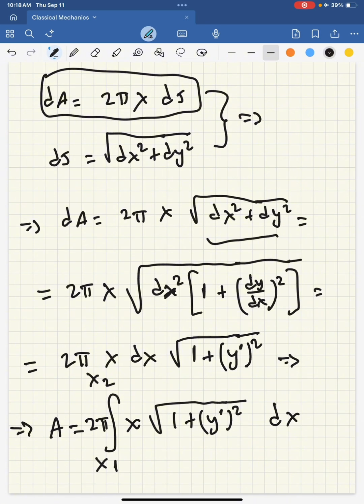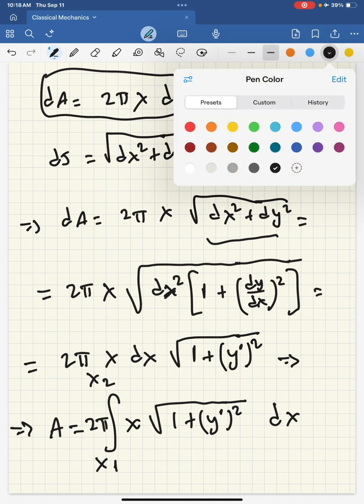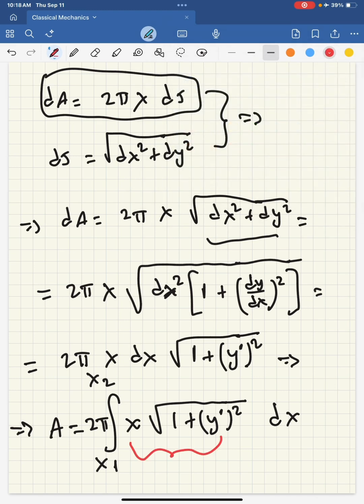So what have we achieved here? We pretty much found the functional we need, right? So this is the functional f, which is, so I think I never mentioned this in the previous video, but a functional is a function of a function, okay? Because y and y prime are themselves functions of x.